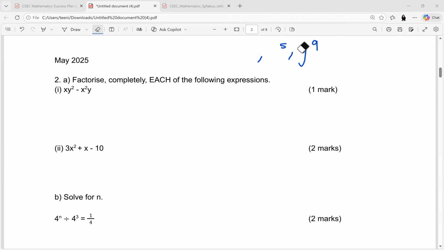So in this one, xy squared minus x squared y, you're going to have to look at both of them separately. You're going to look at x first, and between x and x squared, the highest common factor there will be x, right? And then the y part, you have y squared and you have y.